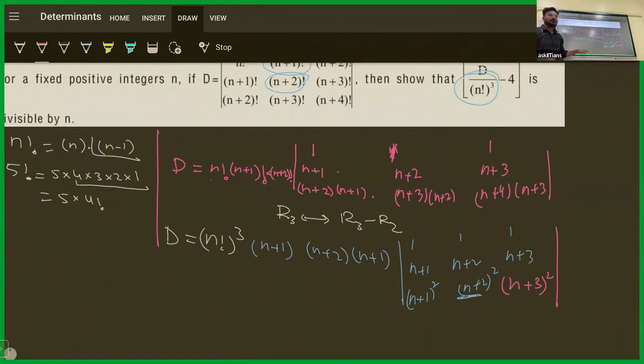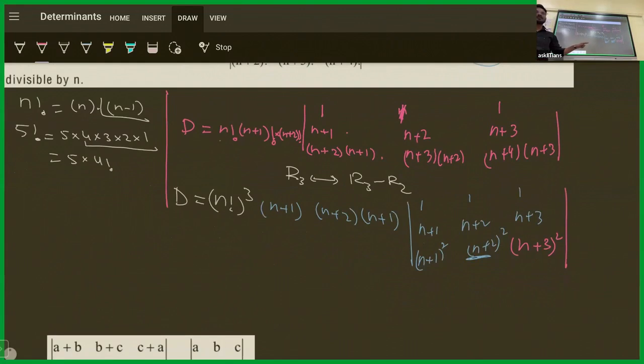Another thing we can do, guys, is create two zeros. Now we can create two zeros, right?